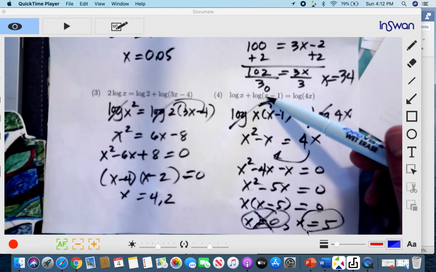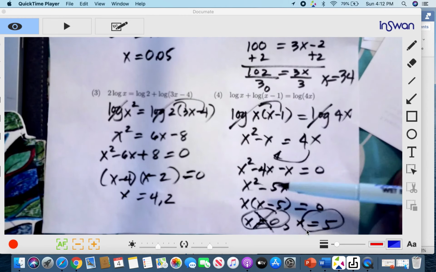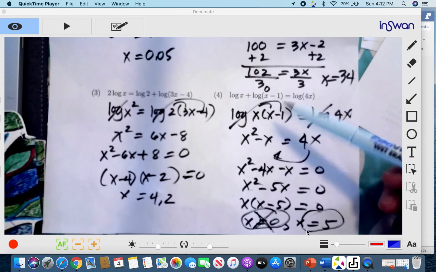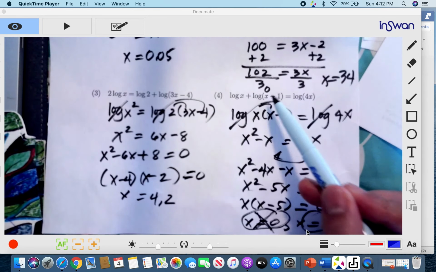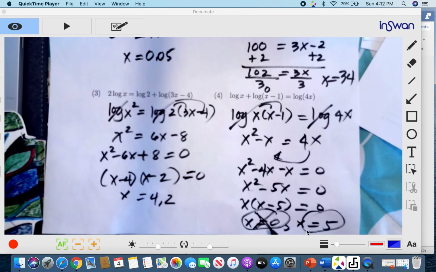It will be approaching 0, but it will not cross it. Same thing also here. If I have 0 here, I have 0 minus 1. That's negative 1. And if you raise a number to an exponent, whether you raise it to a fraction, whether you raise it to a negative, you always get a positive answer. You can never get a negative answer. That's the reason why x equals 0 is an extraneous solution.